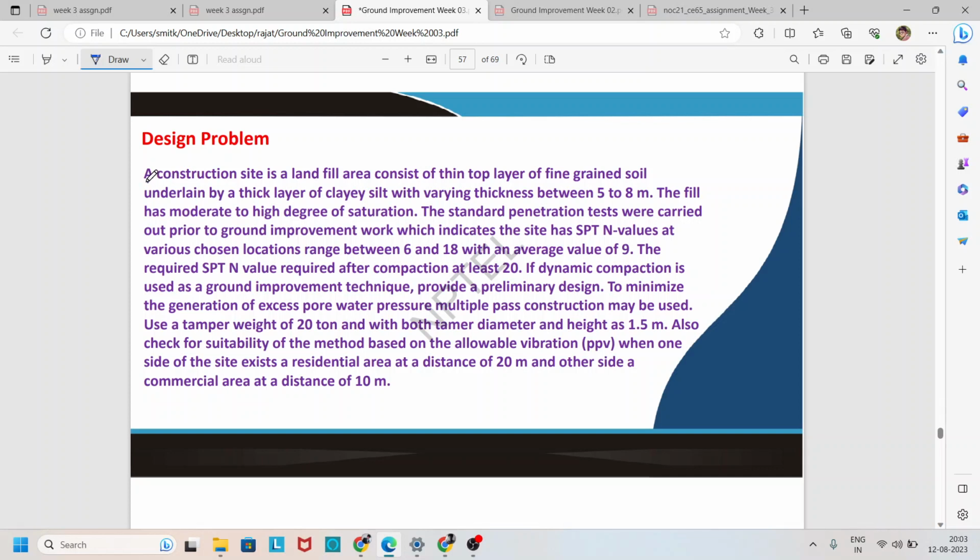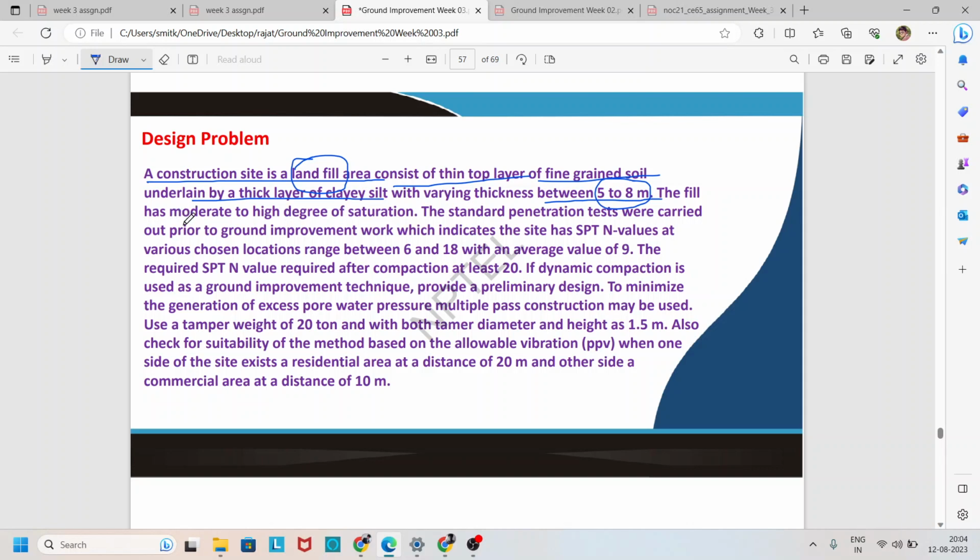It is said that a construction site is a landfill area. That means the site consists of a thin top layer of fine-grained soil underlying a thick layer of clay silt, varying in thickness between 5 to 8 meter. That means our depth of improvement should be 5 to 8 meter.